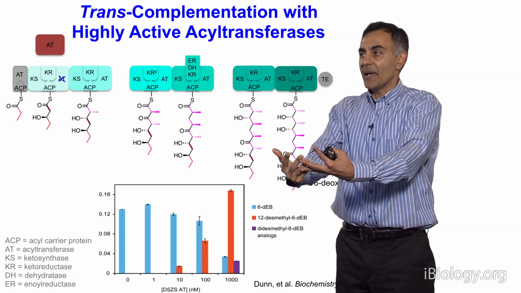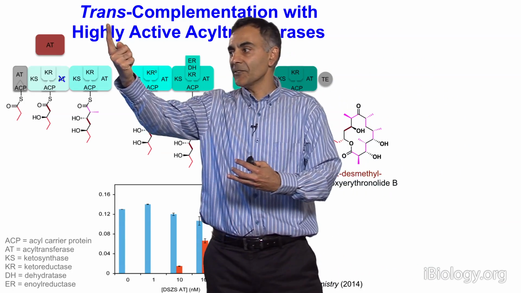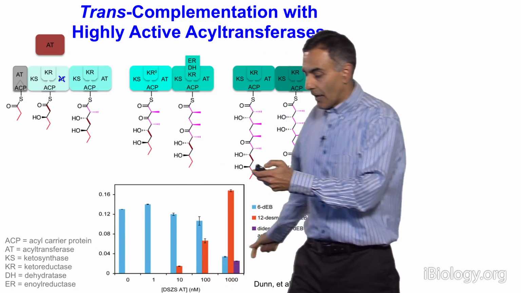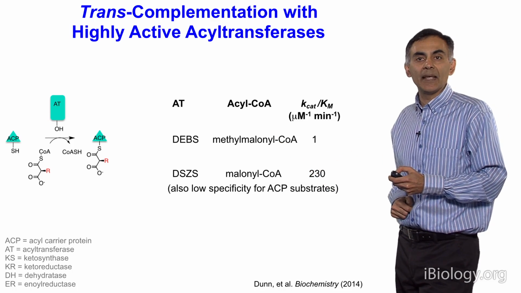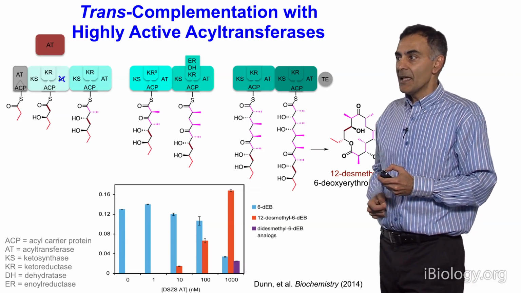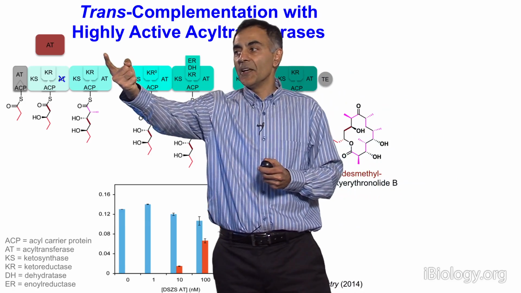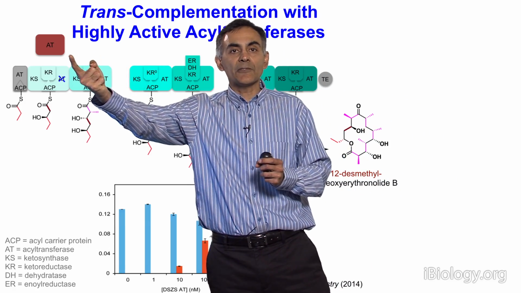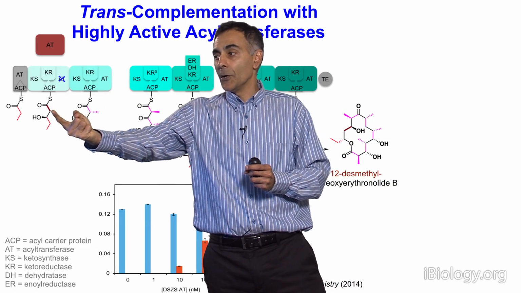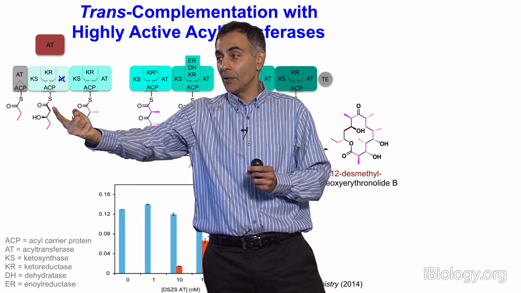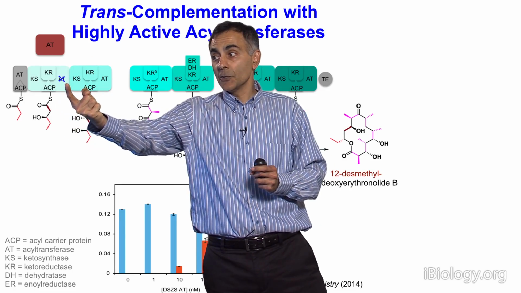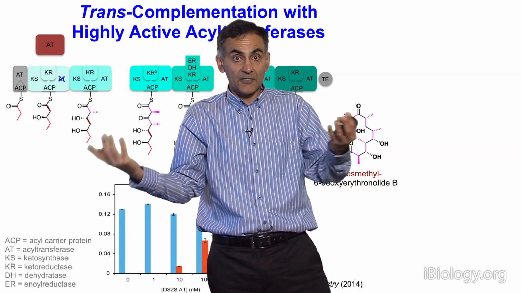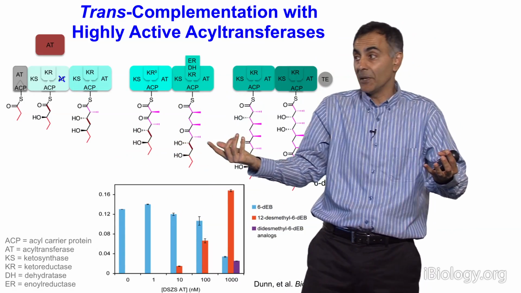And we complement it in trans with that very ultra-fast acyltransferase that we get from a different assembly line in nature. And what happens is, because this acyltransferase will pick a malonyl unit instead of a methylmalonyl unit, it can transfer that malonyl unit onto this module, because this module is simply waiting for something to come its way.